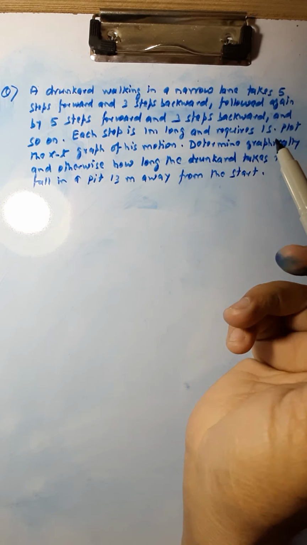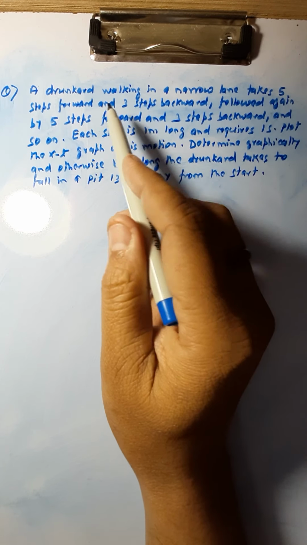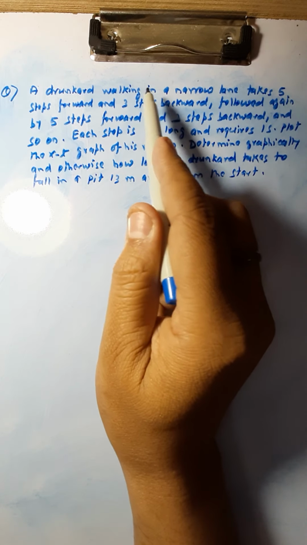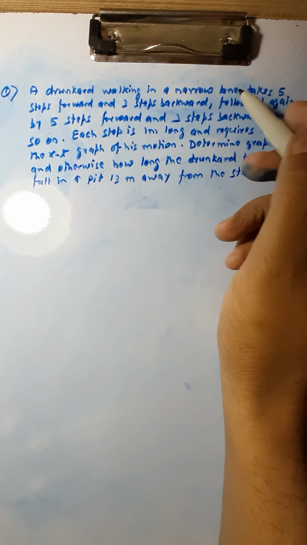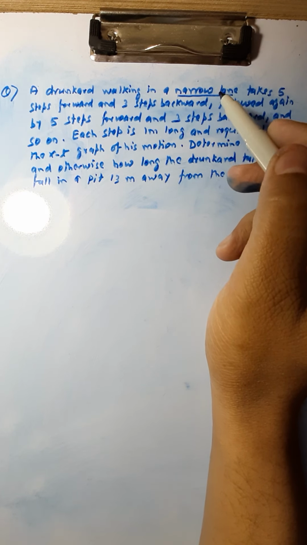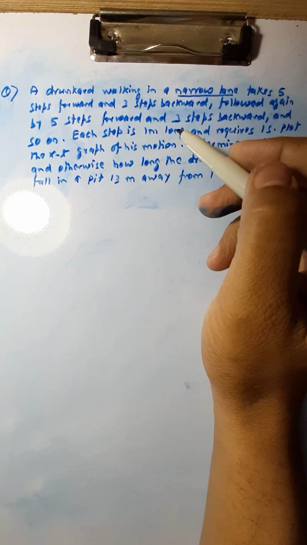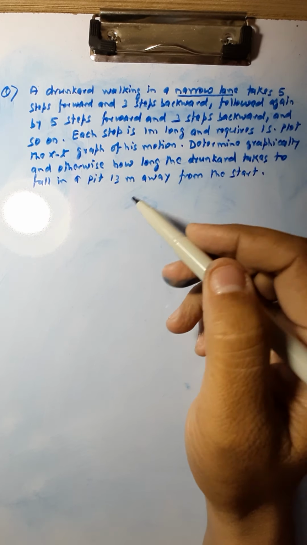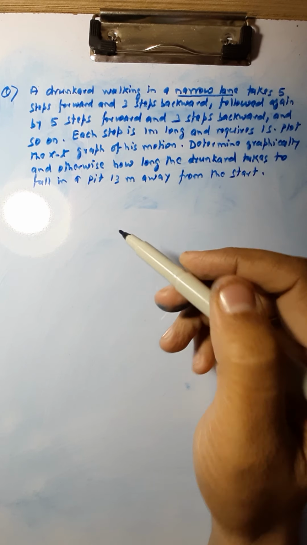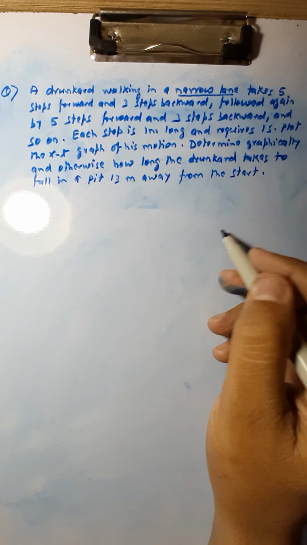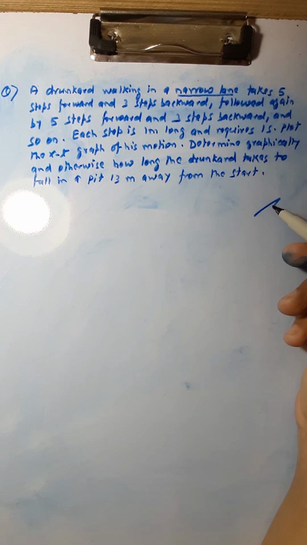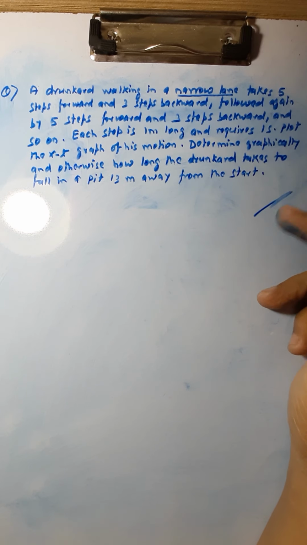So, by reading the question, we could see a drunkard walking in a narrow lane. Walking in a narrow lane, the question is suggesting that the drunkard is walking in a straight line. Okay, he moves 5 steps forward and 3 steps backward.